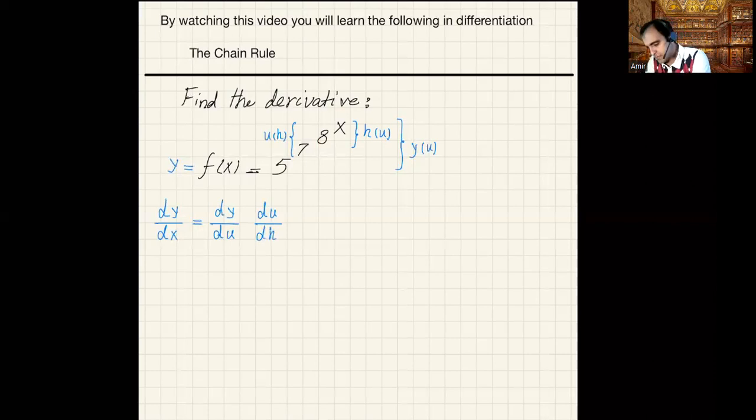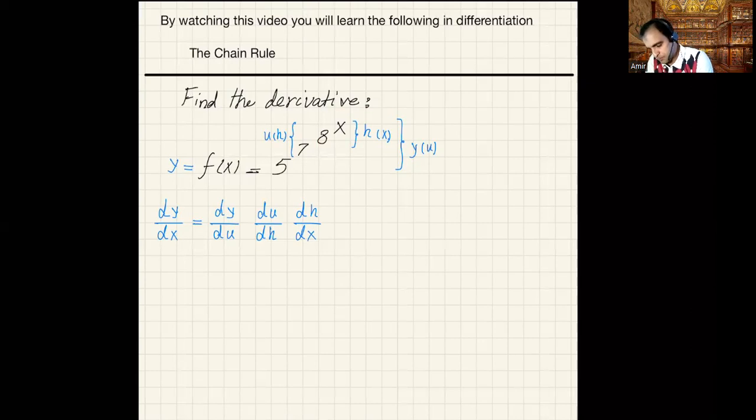And then in the end, we have function h as a function of x. Sorry, it has to be x here, so let me correct that. So it's 8 to the power of x, so it's going to be dh over dx. As you can see, you have to be careful about defining the variables. So h is in terms of x.